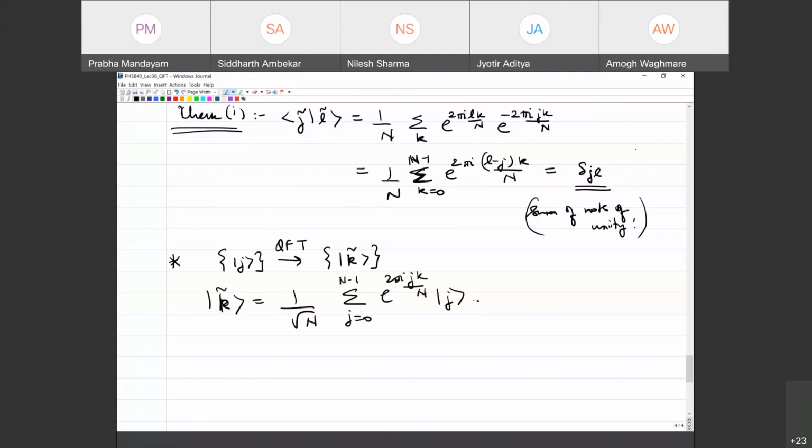So what is 0 tilde? Exactly, a uniform superposition. Correct, good. So 0 tilde is going to be a uniform superposition of all the basis states.